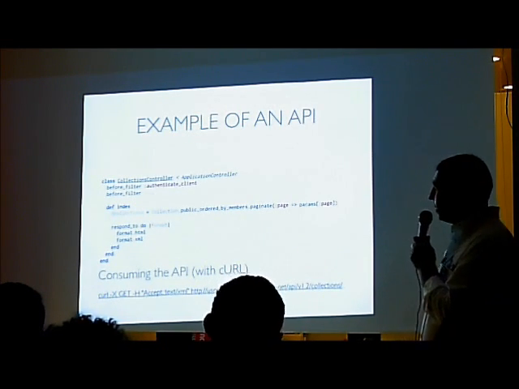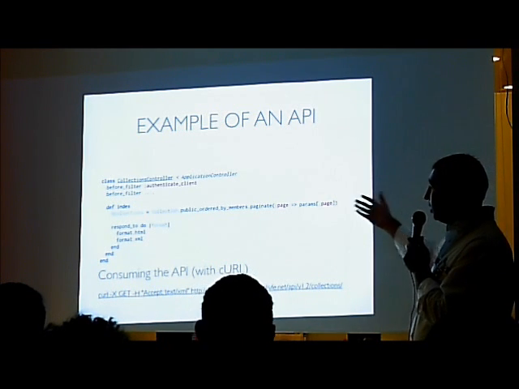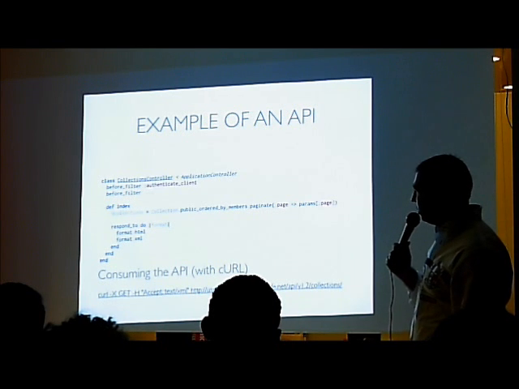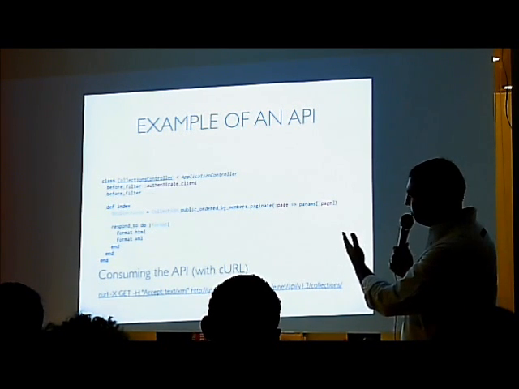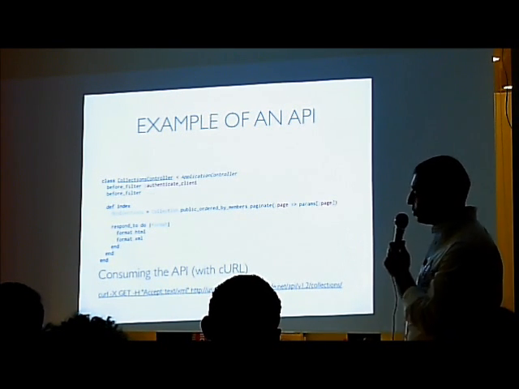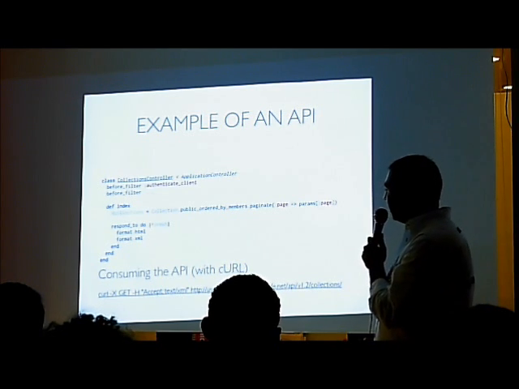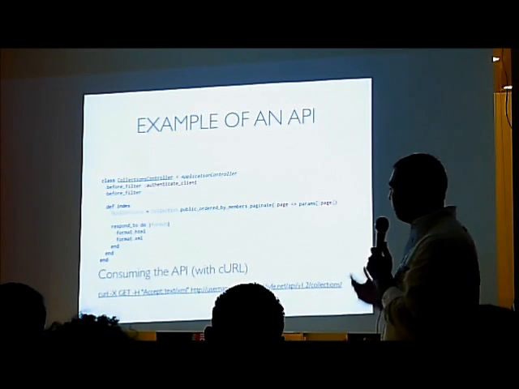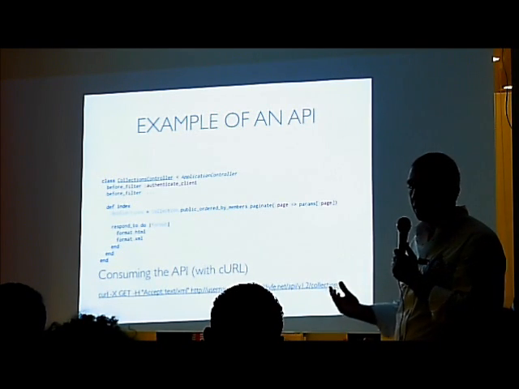An example of an API is a controller. So in this example, I'm trying to return the publicly available collections ordered by members, and then I'm paginating them.